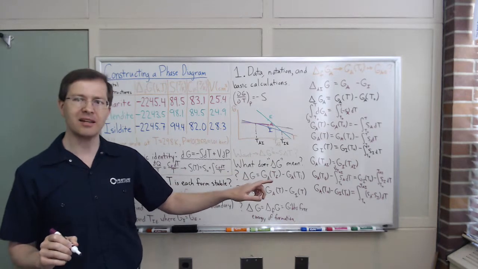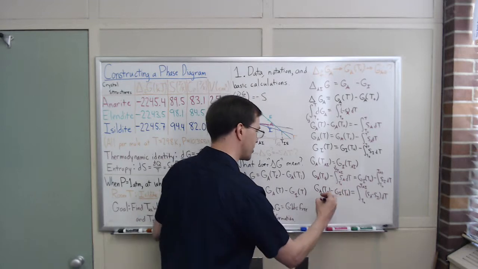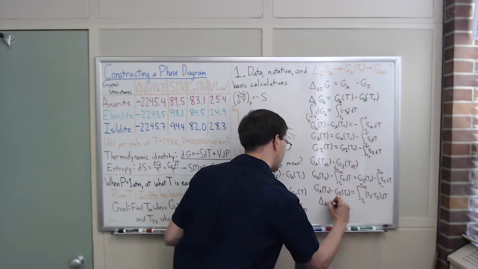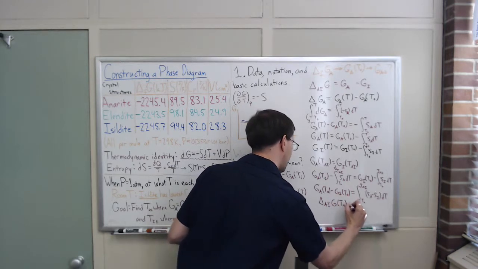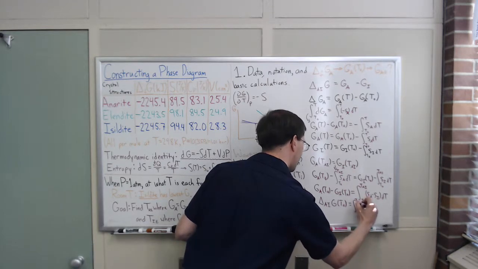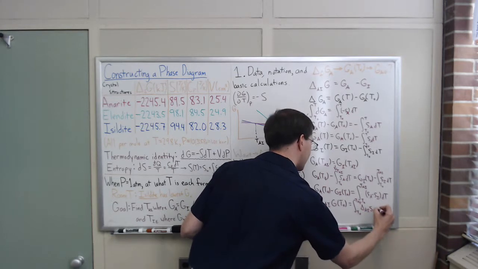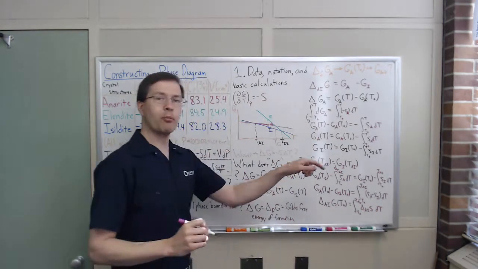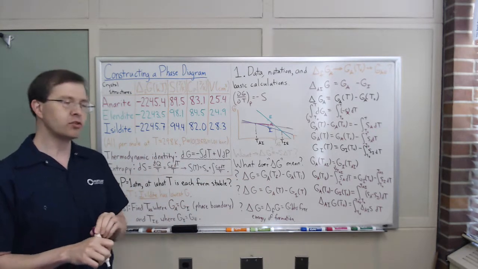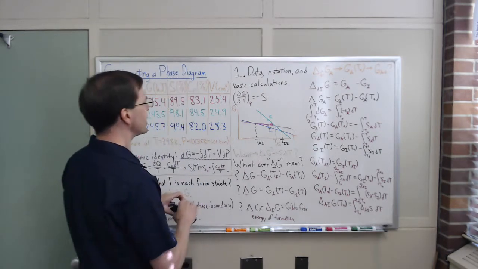I'm going to approximate that difference in S as constant. In our notation, this means delta_AI G of T naught equals the integral from T naught to T_AI of delta_AI S dT. If we approximate that difference in entropies as constant, then we can do this integral easily as an approximation.